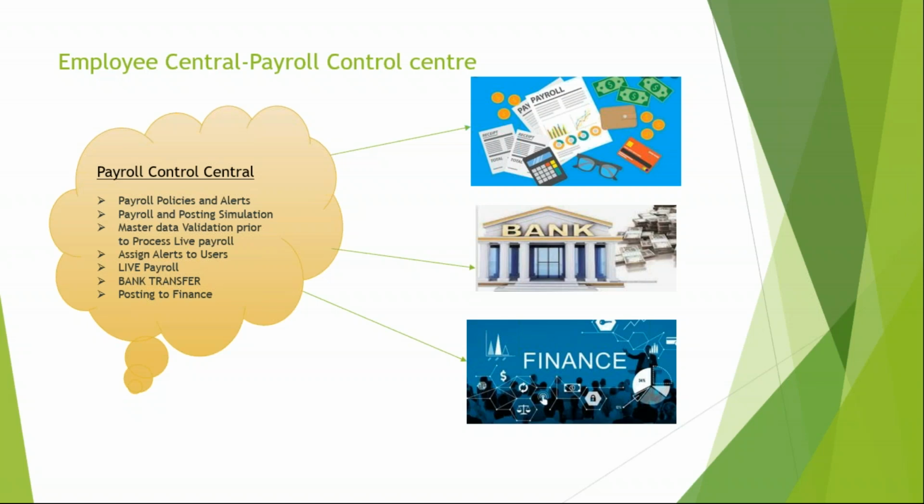So the validations which we perform as part of our payroll will be identified by this payroll control center, and it will directly say that these are the employees having a cost center missing, these employees having an address missing, these employees having bank details missing, these employees having a gross more than the value we have set in the backend.